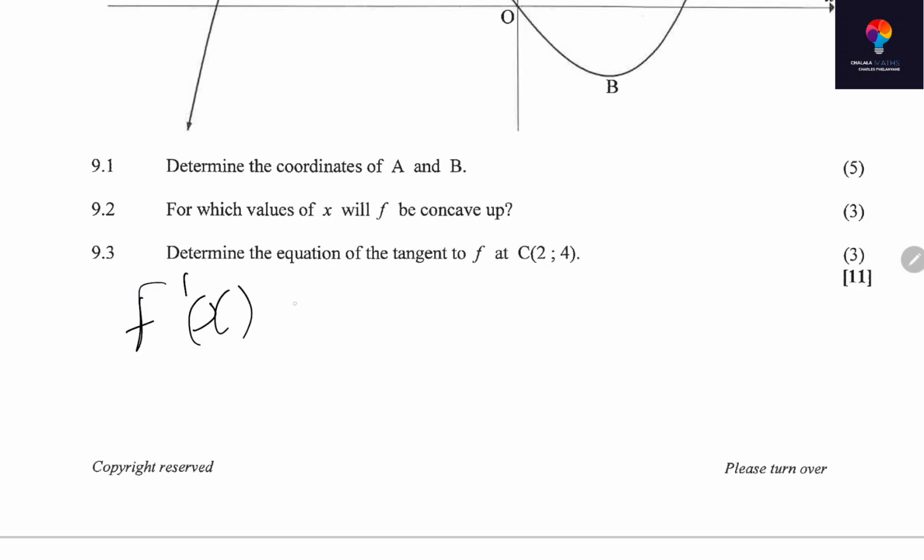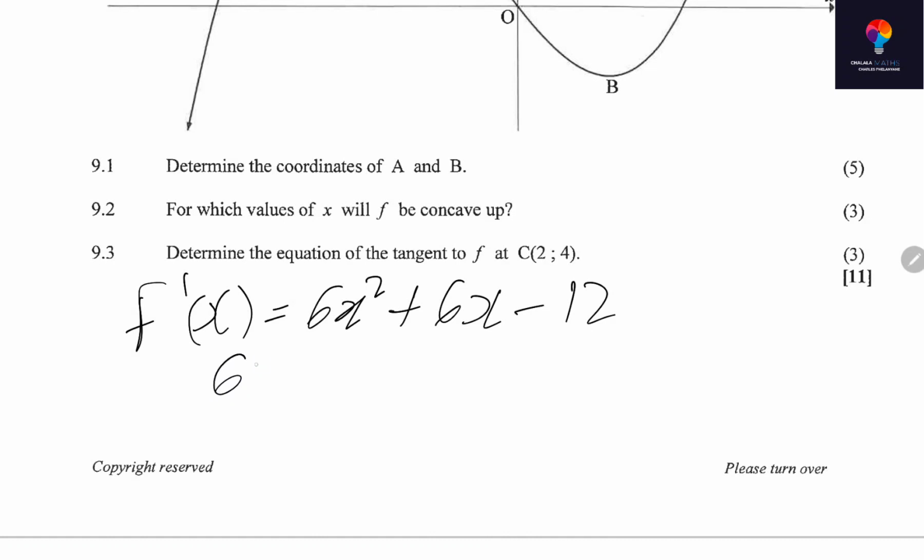Then the derivative is going to give us 6x squared plus 6x minus 12. Of course, the derivative, the gradient at that point of A and B must be 0.